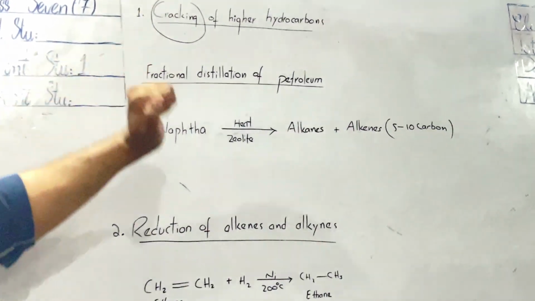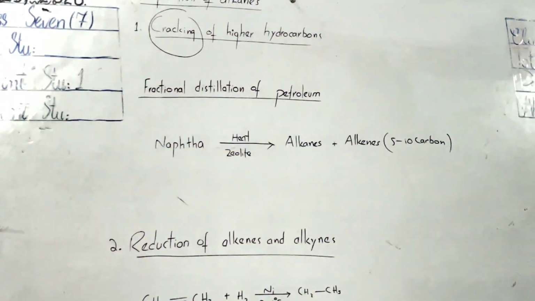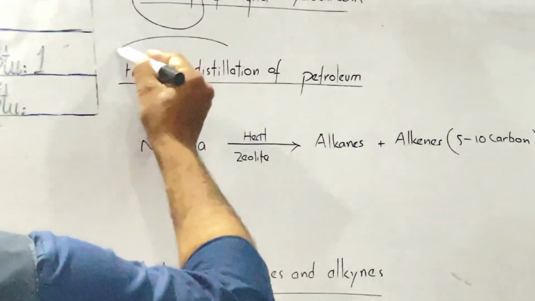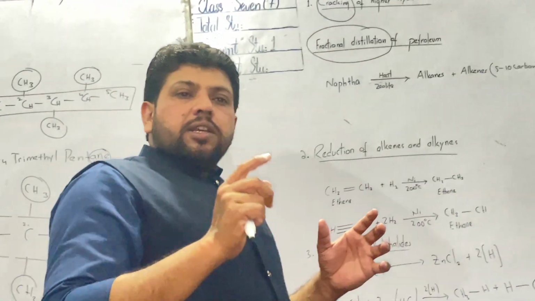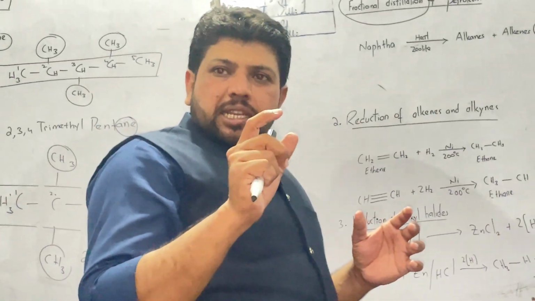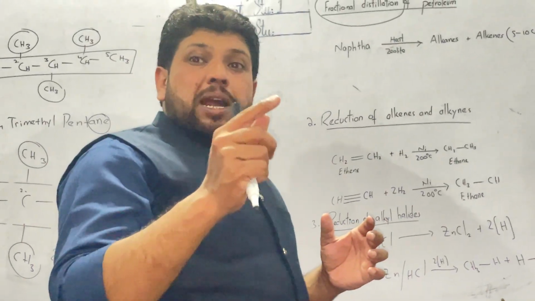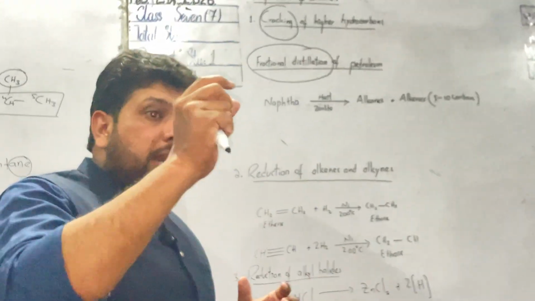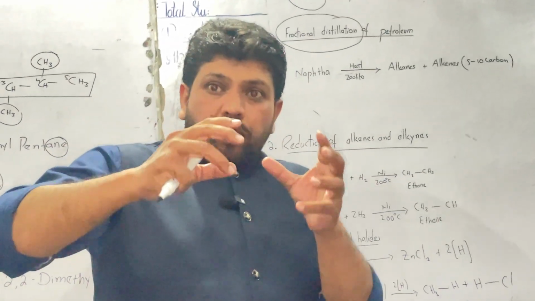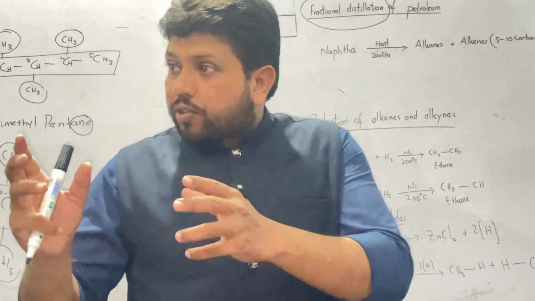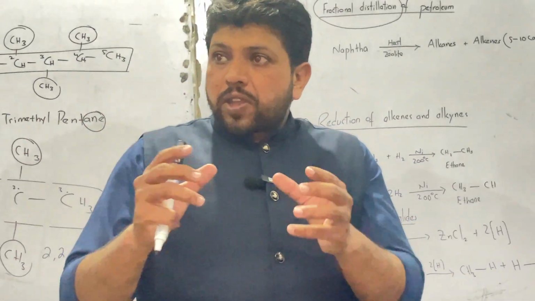It is an example of cracking. Fractional distillation of petroleum. Everyone knows about it. What is meant by fractional distillation? Fractional distillation means the separation of organic molecules on the basis of their boiling points, the separation of hydrocarbons on the basis of boiling points.